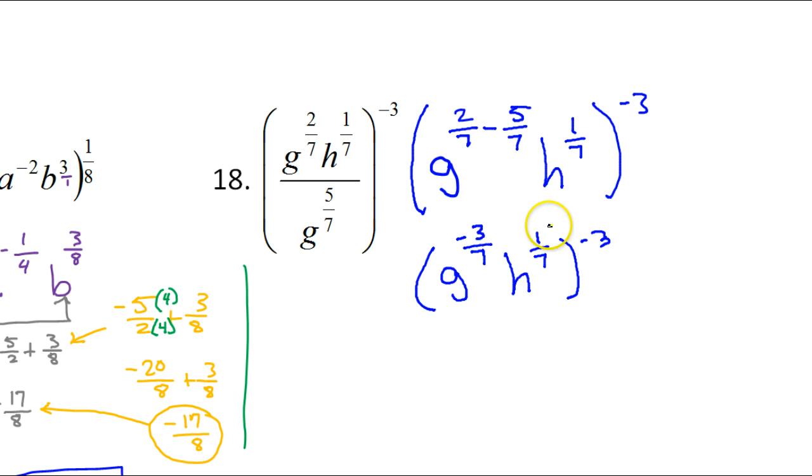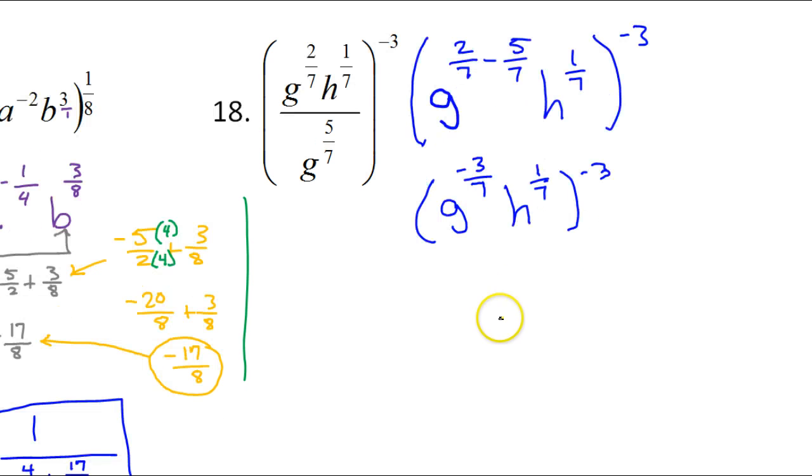Okay, so I'm going to go ahead and do the negative 3 power to everything, which in this case means multiplying. A power to a power you multiply. So if I multiply negative 3, that's going to give me g to the positive 9 over 7 power.